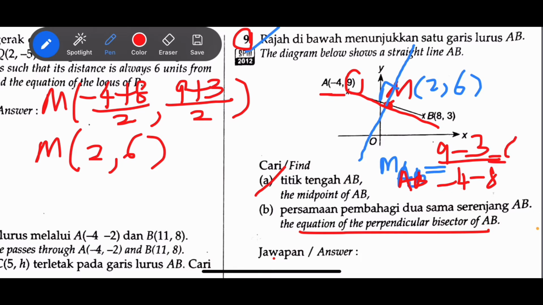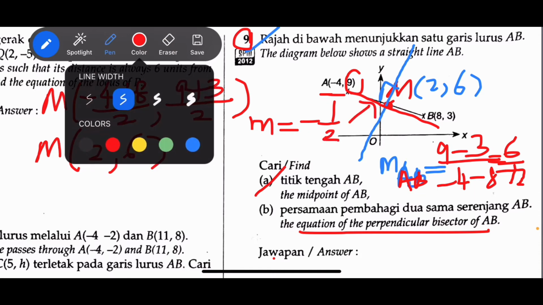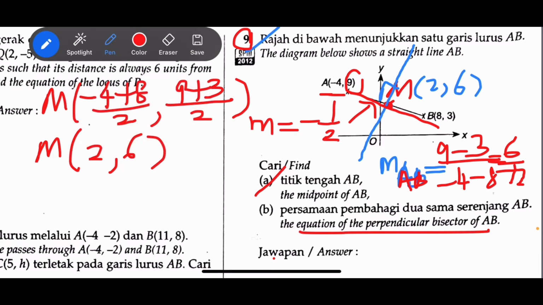The gradient for AB is negative because the line is going down, negative 1 over 2 for the red line. And for the blue line, of course, it will be positive, 2 over 1. It's very simple: you just invert negative 1 over 2, the negative becomes positive, and 1 over 2 becomes 2 over 1.